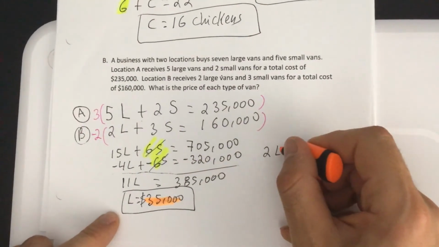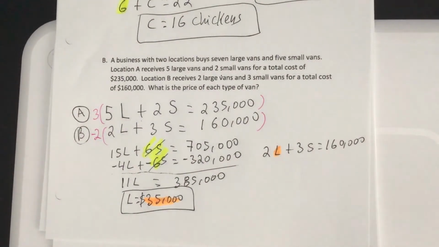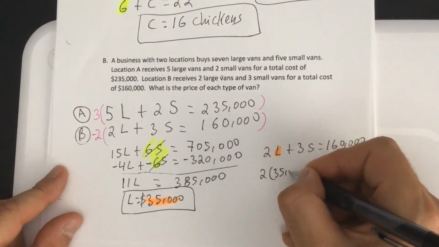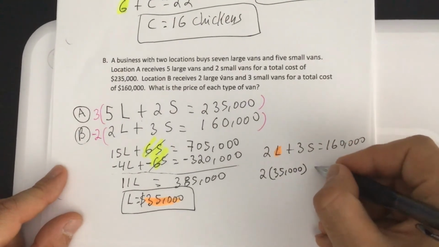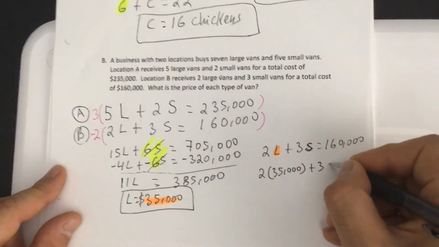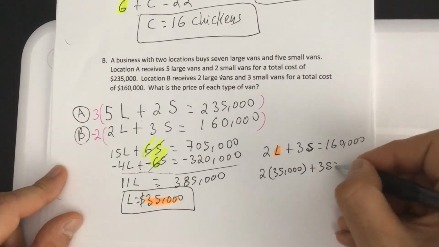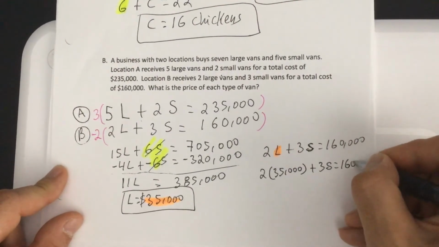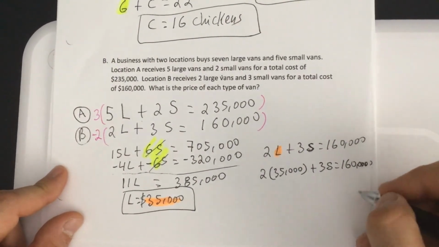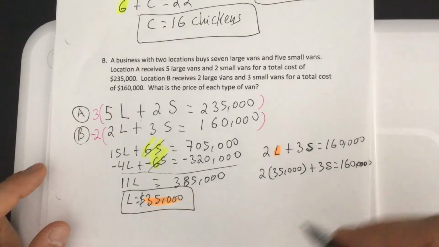This goes in here with the L. And we got 2 times 35,000 plus 3S, that's an S, that's not a 5, okay? 3S equals 160,000. Well, I don't have enough space here. There you go.